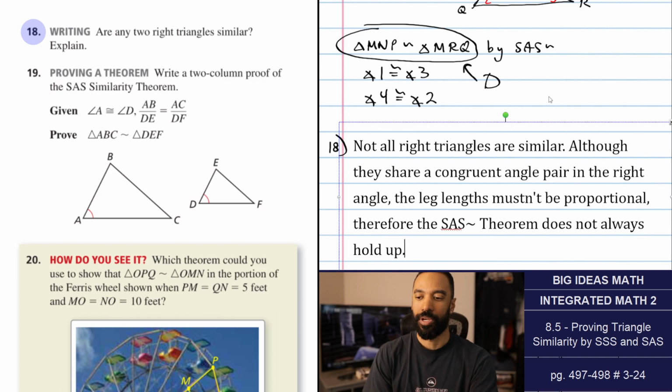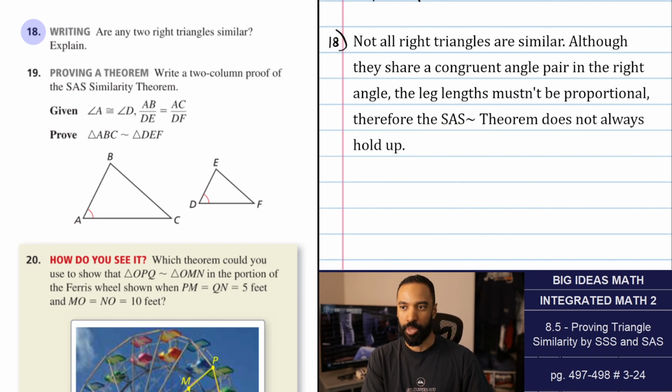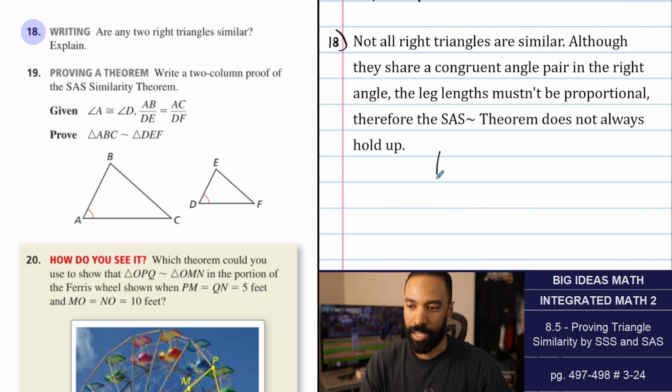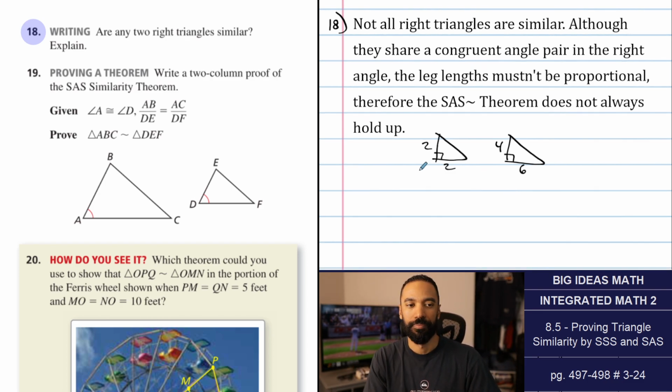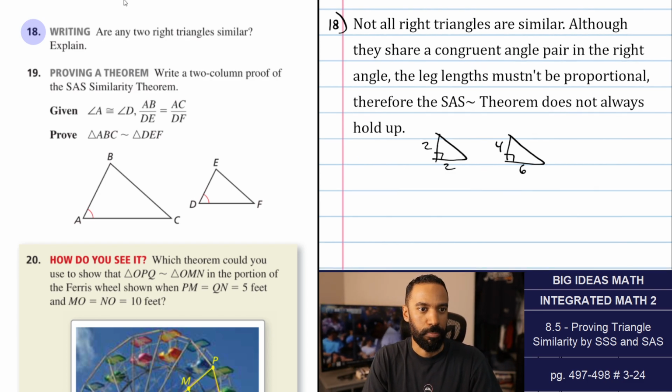And by the way, you could figure out the side by using the Pythagorean theorem, but here's just an example of that. I could have 2 and 2 here, and then this doesn't have to be 4 and 4. This could be 4 and 6. Whatever. They're not similar, so kind of an interesting question, but no. And writing, I did typing.